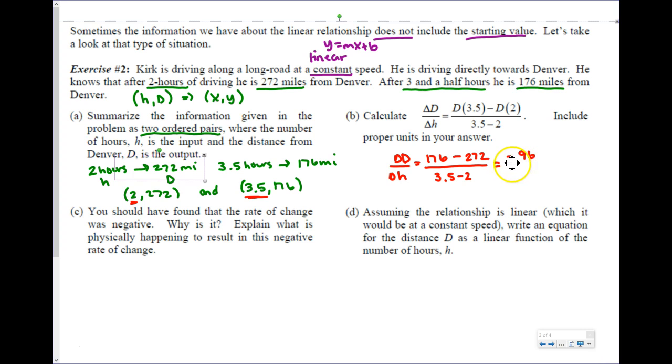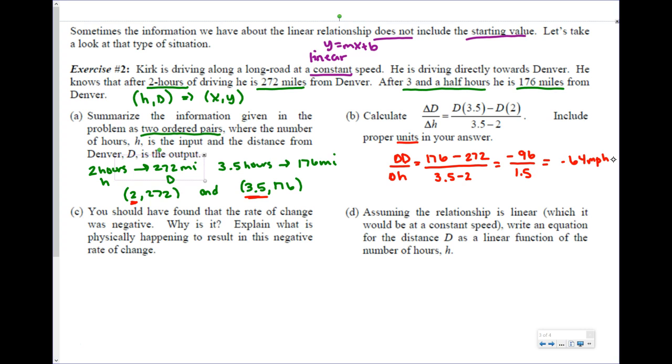Be careful of your signs. And 3.5 minus 2 is 1.5. When you put this in your calculator, you're going to get negative 64. This says include units. Well, it would be miles per hour. In fact, let's just simplify that to mph. It's negative 64 miles per hour.